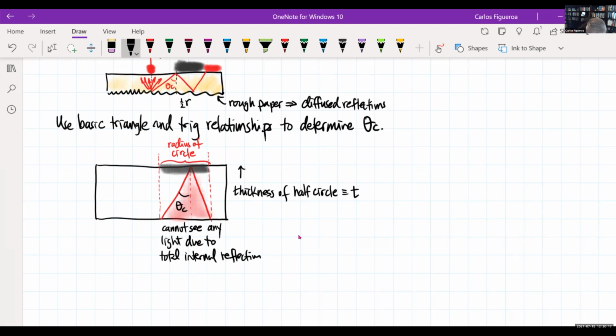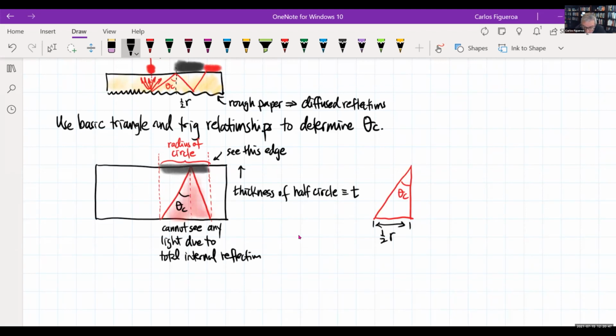So if I set up a triangle, it looks like this. This is my critical angle, and the distance from here to here is 1/2 the radius. You see this edge in the circle.